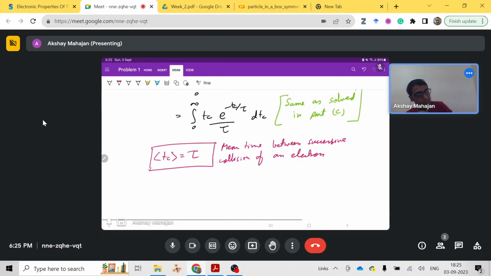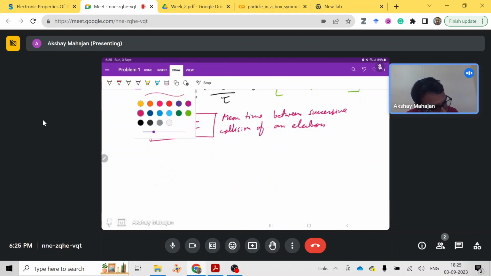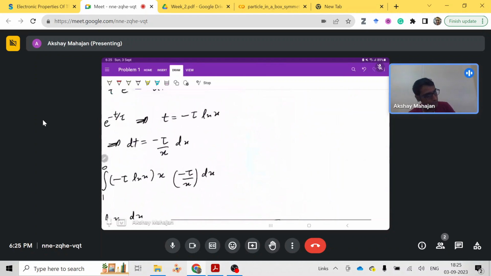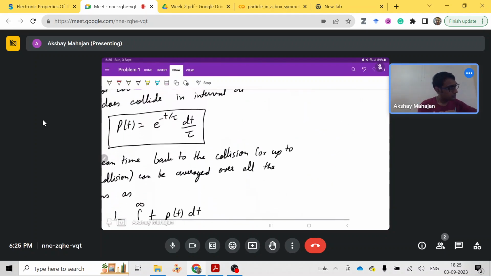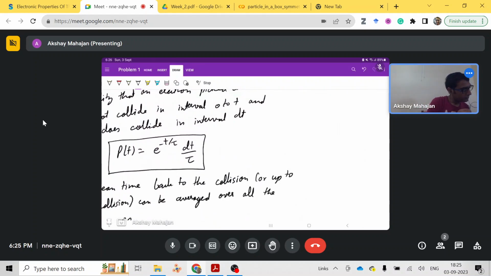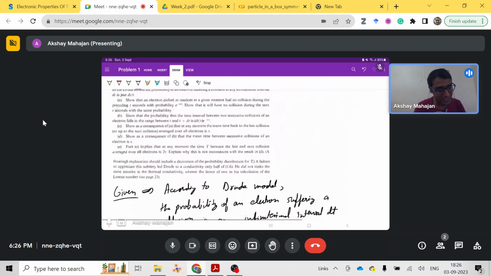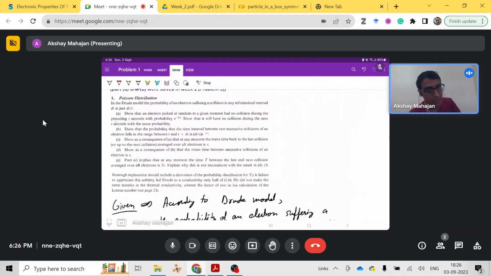Alright, now let's quickly go to the last part, E. What is part E? Again, this question is quite lengthy. Part E is: part C implies that at any moment the time t between the last and the next collision, averaged over all electrons, is 2 tau.